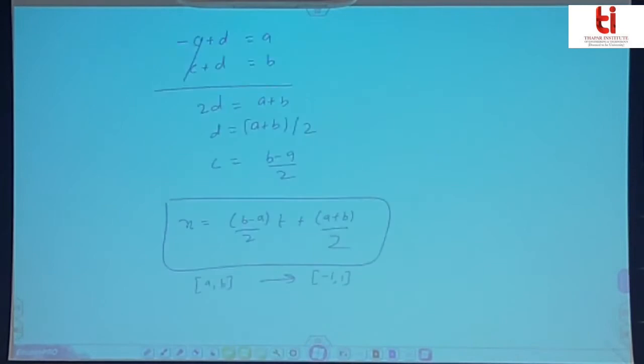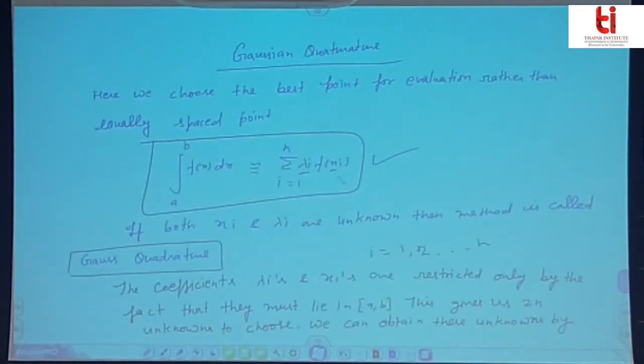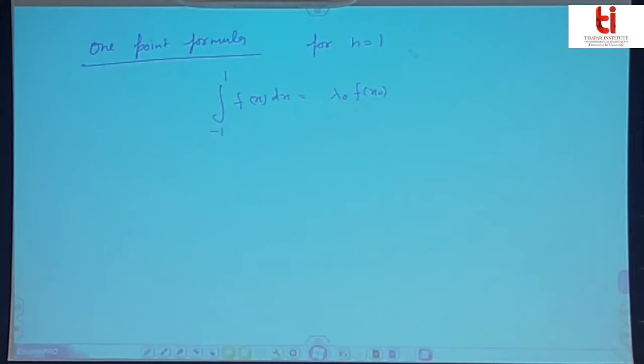Okay. In this formula, we are putting I equal to 1. Okay. So I equal to 1, we are getting only lambda. Okay, we are writing here as a to b, -1 to 1 f x dx as summation I equal to 0 to n lambda I f of x.